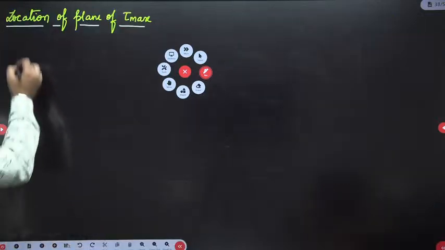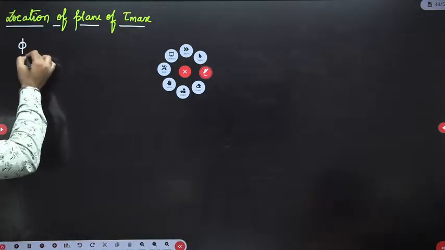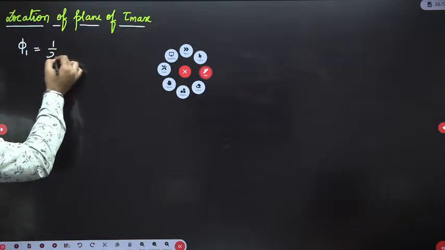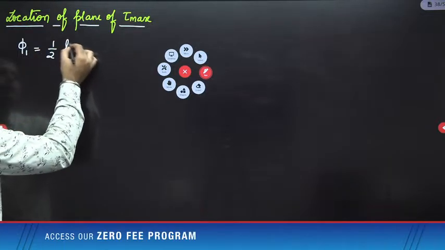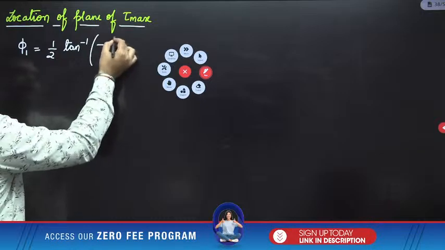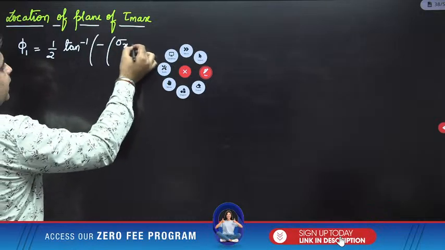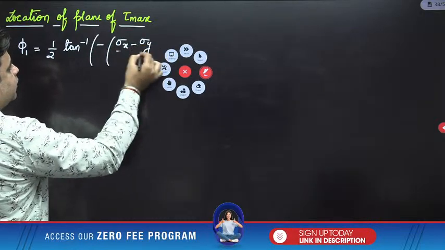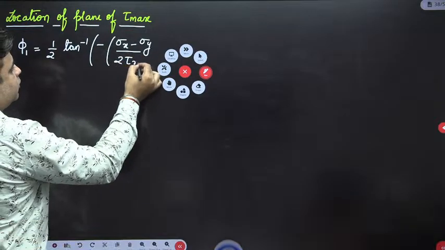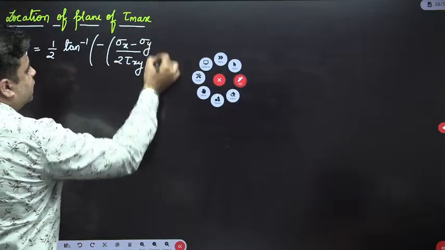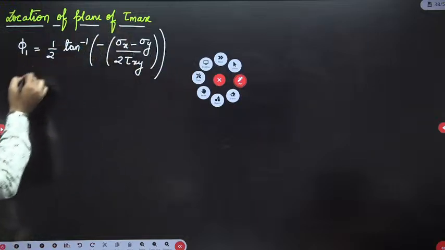The first location of plane of maximum shear stress, phi 1, is equal to 1 by 2 tan inverse of minus (sigma x minus sigma y) by 2 divided by tau xy. This is the first location of plane of maximum shear stress.